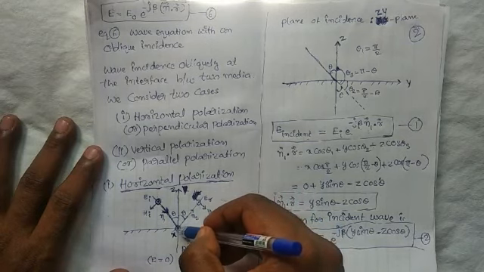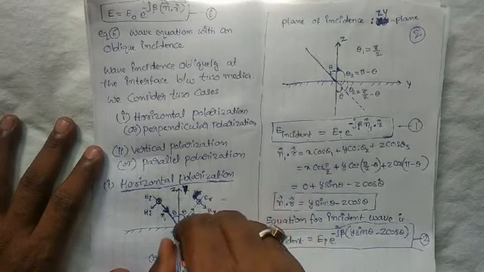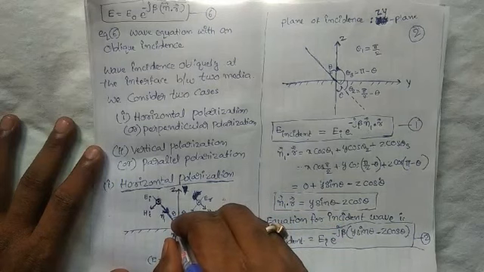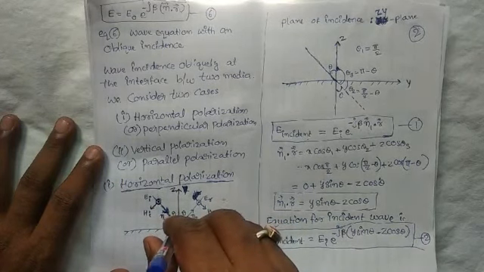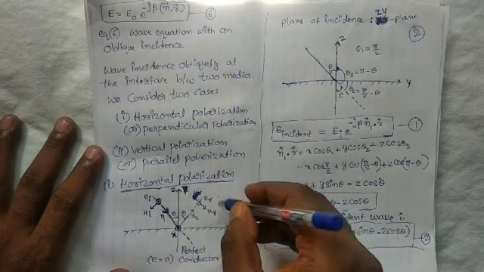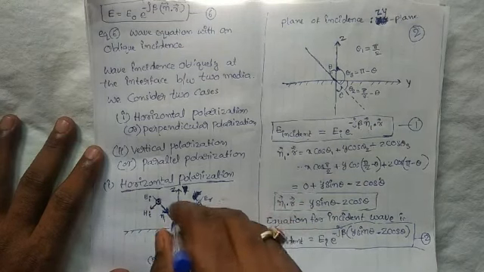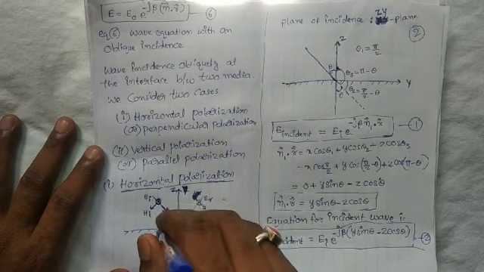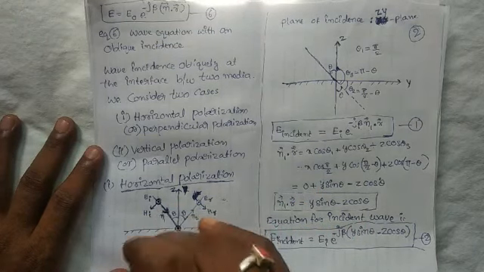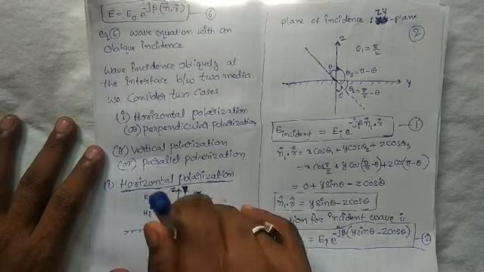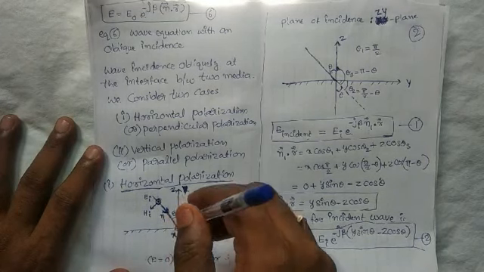Here a small circle with a dot indicates the direction of the x-axis. The direction of the x-axis is perpendicular to the YZ plane, which means it is out of the page.